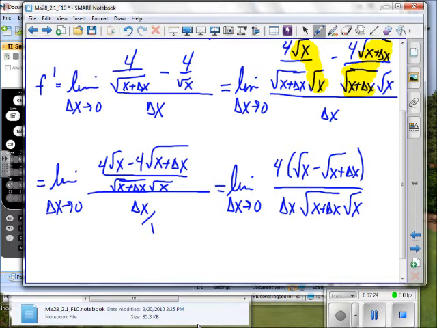Can I do direct substitution yet? Not yet. Not yet. Is there any algebraic move that I could make? Man, not there yet.